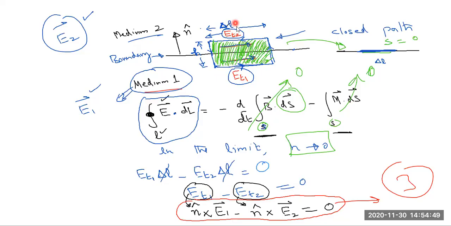So tangent components are always equal, or tangent components are continuous. These are different ways of interpreting this third boundary condition.